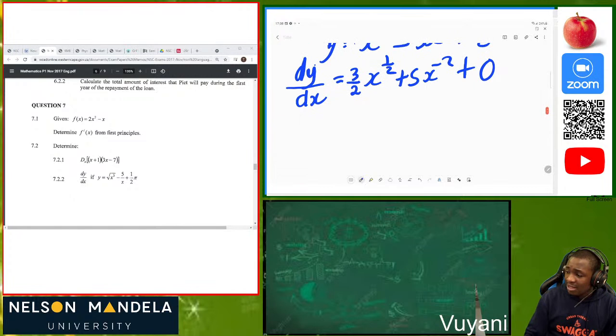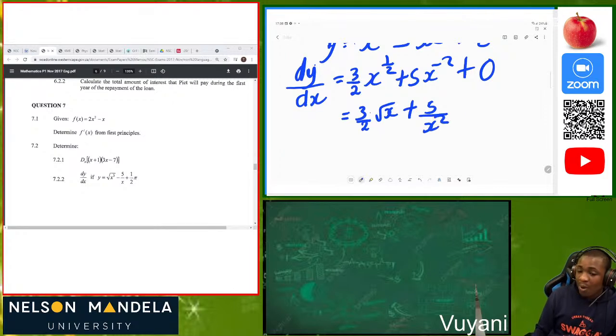So you can leave your answer in a positive exponent. It's going to be 3 over 2 x to the power 1 over 2, or you can just say it's the square root of x plus 5 over x squared. Then you are done solving. So that's how we solve that question.